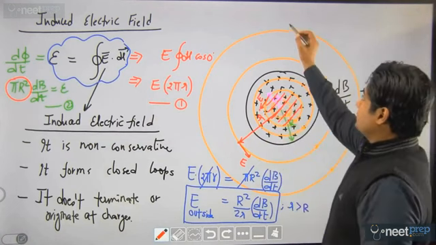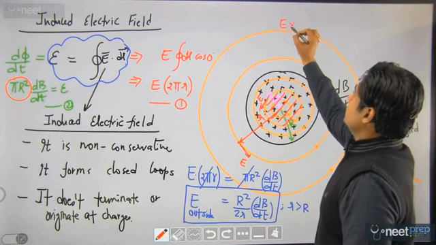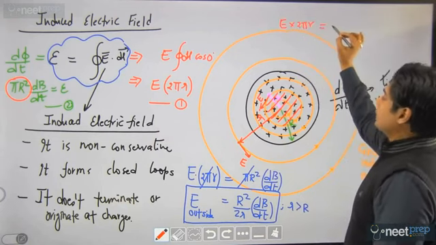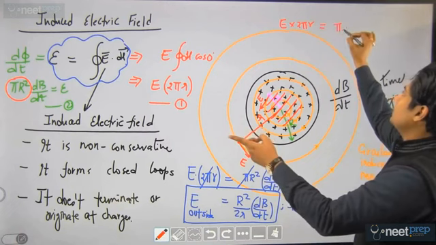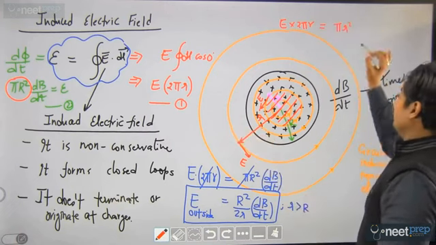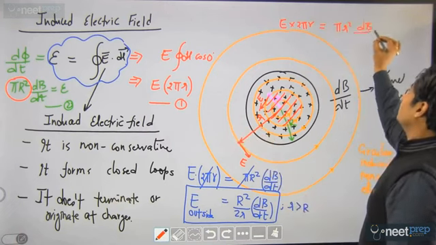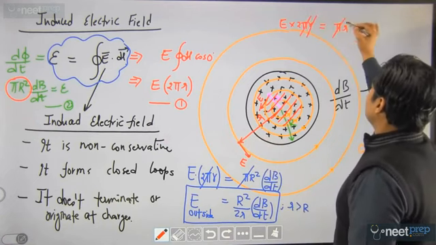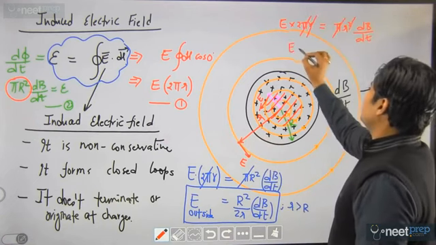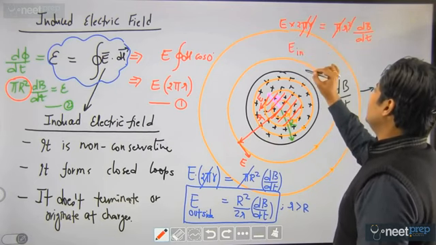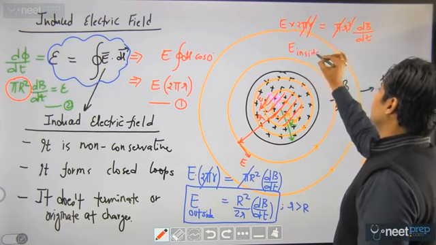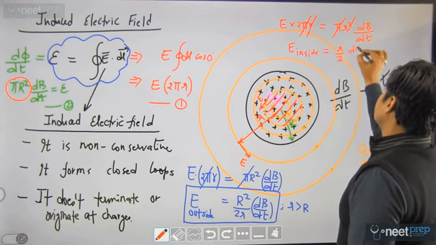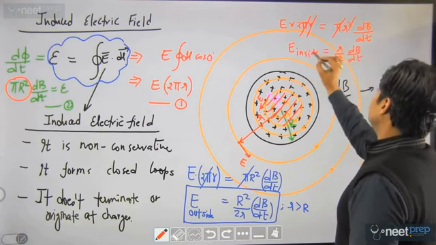So the equation becomes E into 2 pi r, no change on the left hand side, equal to pi r square times dB by dt on the right. The pi cancels out and one of the r also cancels out, and the induced electric field inside the loop becomes r by 2 times dB by dt.